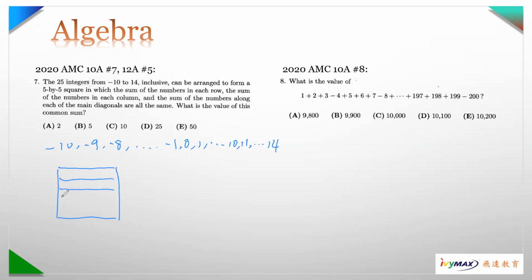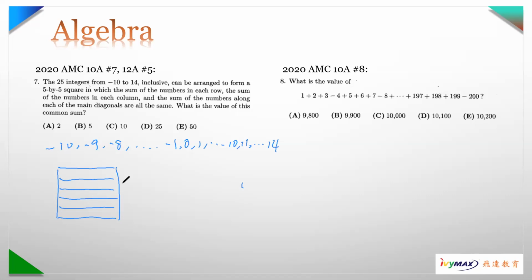okay, let's count horizontally. They told you that each row has a sum, right? So we have 5 values in one row and 5 values in another row. So each row should have a common sum. So the sum of these 5 rows should be the same. Okay. And think about how you get this common sum.